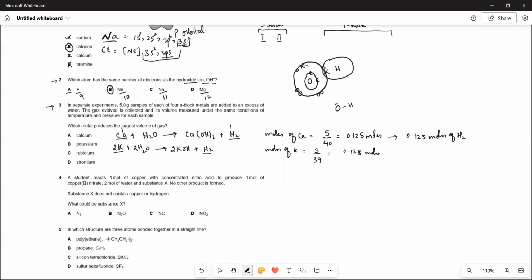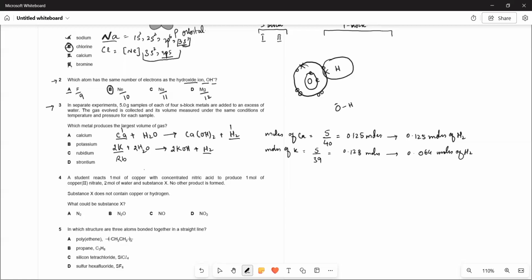So it will produce how many moles of hydrogen? 2:1, so half of it. So it will be 0.128 divided by 2. That gives us 0.064 moles of H2. And similarly, rubidium.